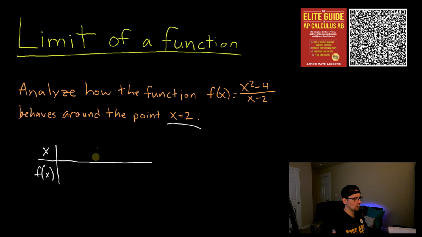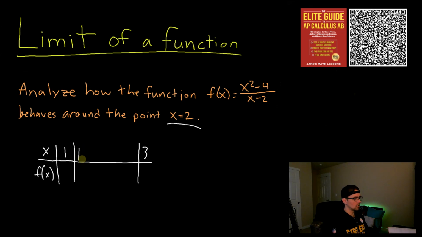Instead, we'll put x equals 1.9, x equals 2.1, and then we need those to actually be the furthest points away. So we'll start even a little further away. We'll start at 1 and 3, and then step in closer from there.